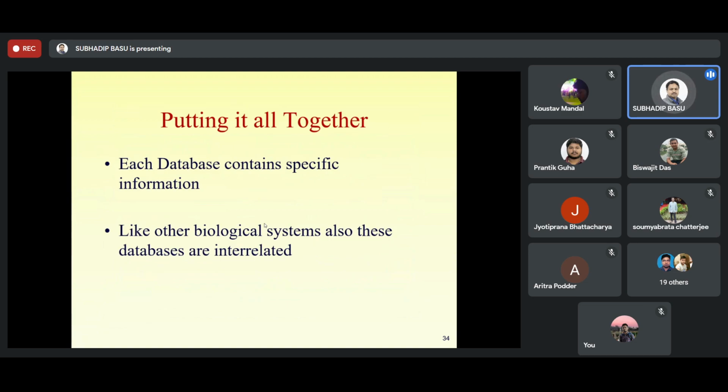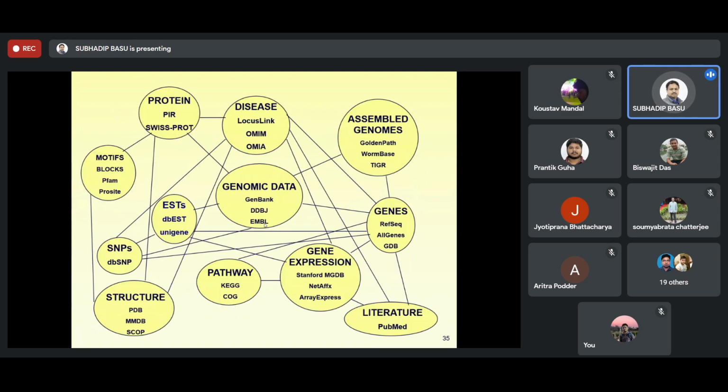Putting it all together, you can see that each database contains specific information and links to other biological systems, and these databases are basically interrelated. And this is the last slide, I can show you that you have protein related databases, disease related databases, genomic data, then many other pathways, structures, gene expressions, literature, and many popular ones.